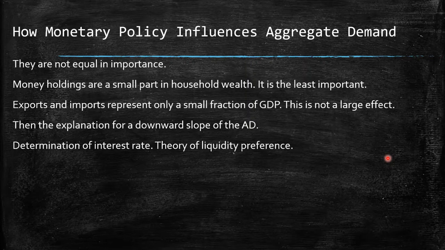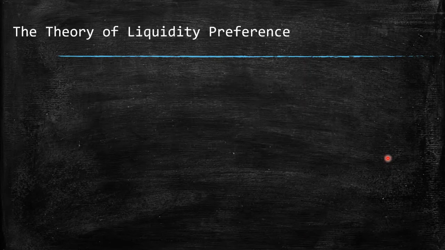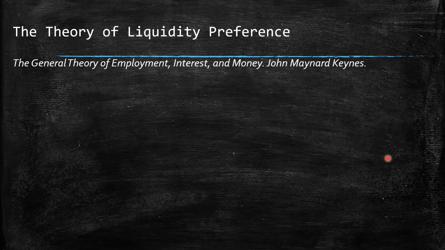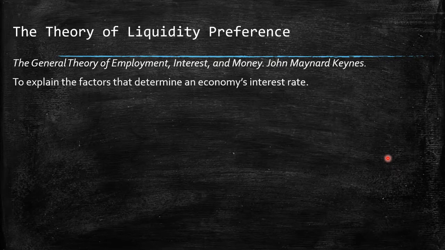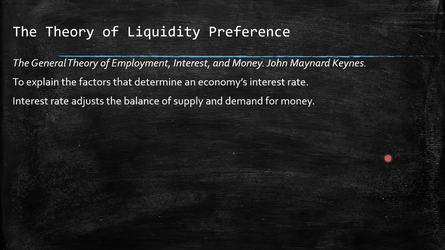liquidity preference. So what is this theory about? Well, this is based on the famous book, the General Theory of Employment, Interest and Money, written by John Maynard Keynes. Basically, the aim of this book was to explain the factors that determine the economy's interest rate.